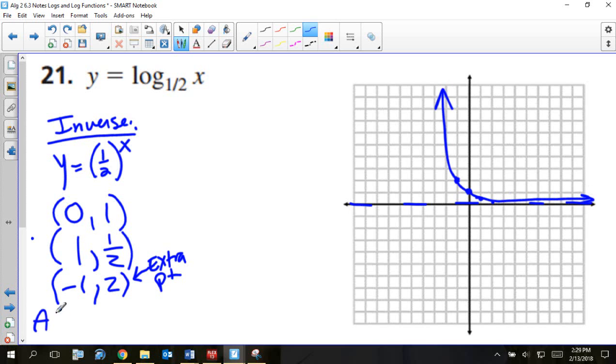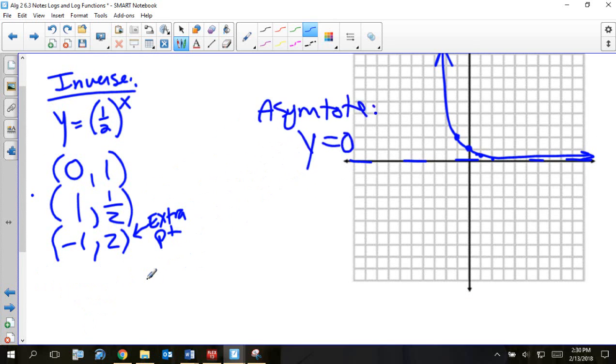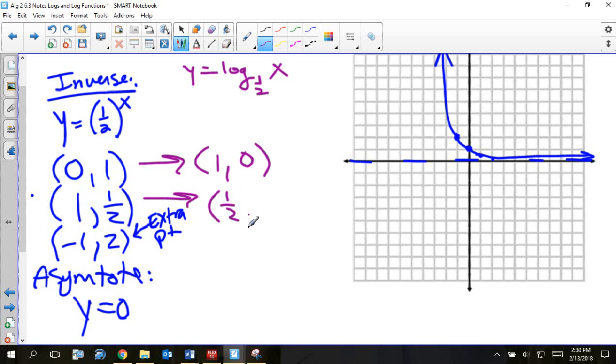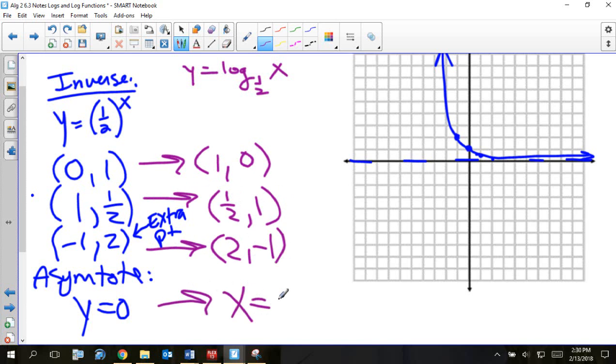My asymptote is y equals 0. So if you're graphing your inverse point, I didn't like graphing (1/2, 1).